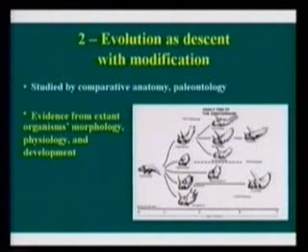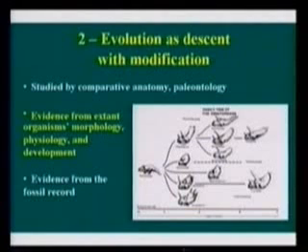All these different pieces of information, which of course I don't have time to go into in any detail at this point, fit very well with each other, and they represent the general evolutionary explanation of how life actually emerges. There's also, of course, evidence from the fossil record, and what you're looking at here is part of the evidence from the fossil record. I'll show you a few other pieces of evidence from the fossil record in a minute. But this is what evolutionary biologists mean by descent with modification.